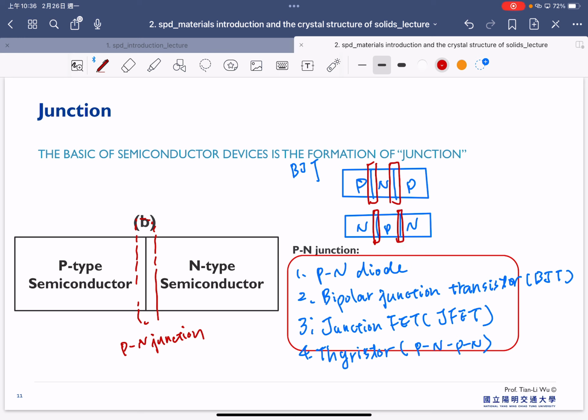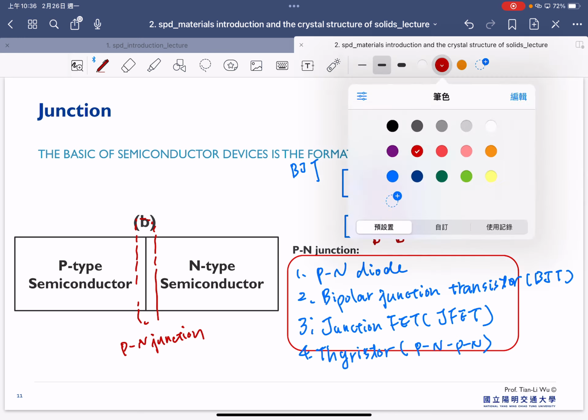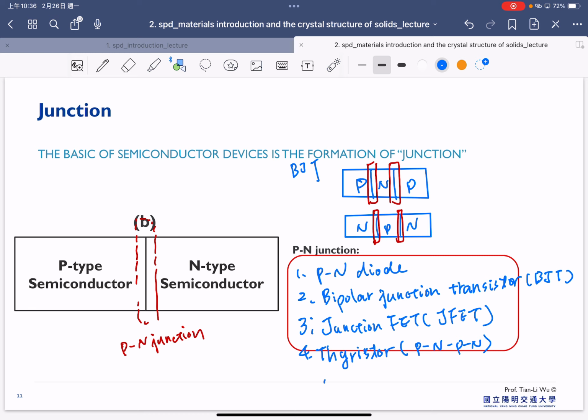So that's for the BJT here. And also the one with a thyristor, this is a structure in which we have the PN here. And also the understanding of all these junctions is important to understand the characteristic.